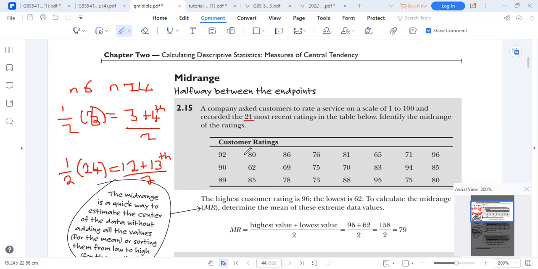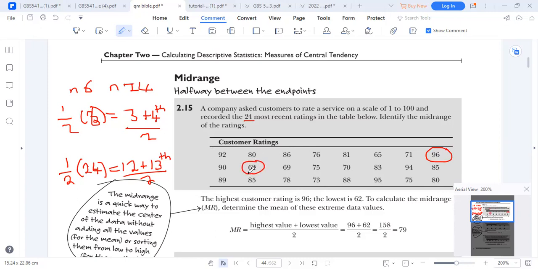So these 24 clients, you can identify the highest value here, which is 96. And the smallest number in this whole scenario is what? 62.